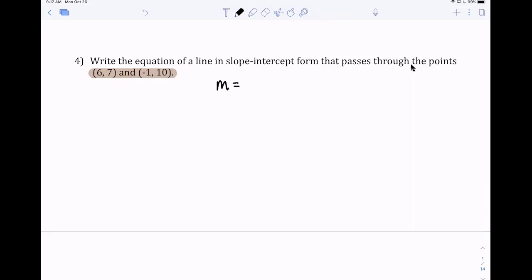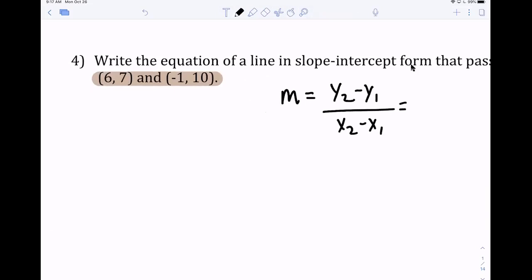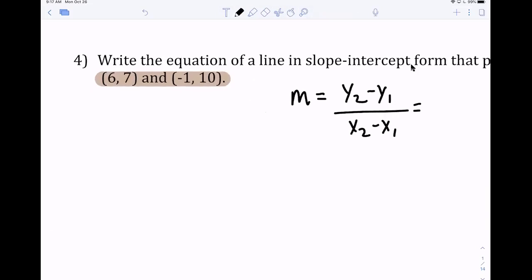So m equals, again, I'm going to write it for everybody. Now how do I find the slope?